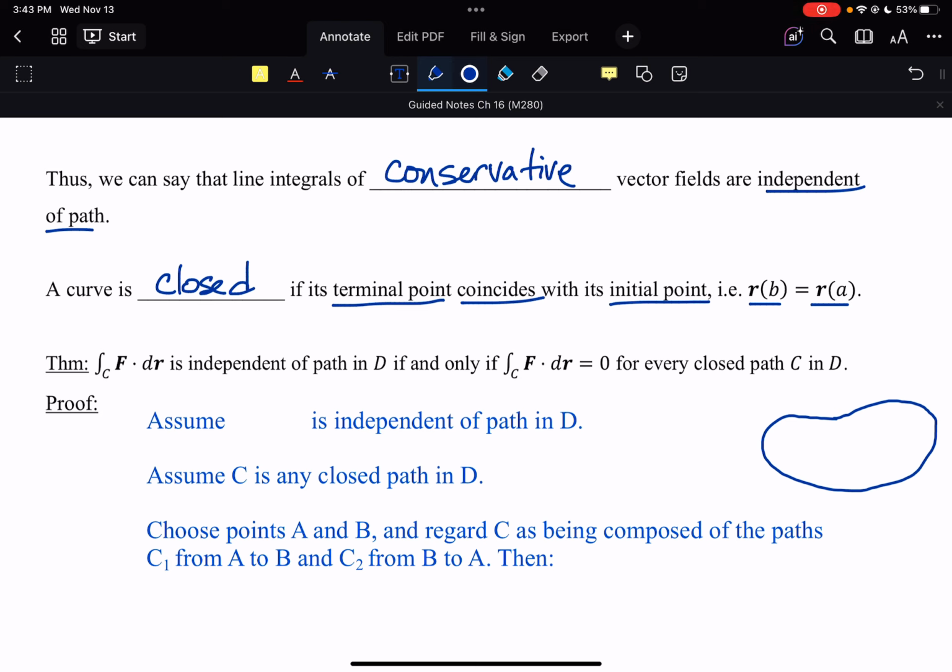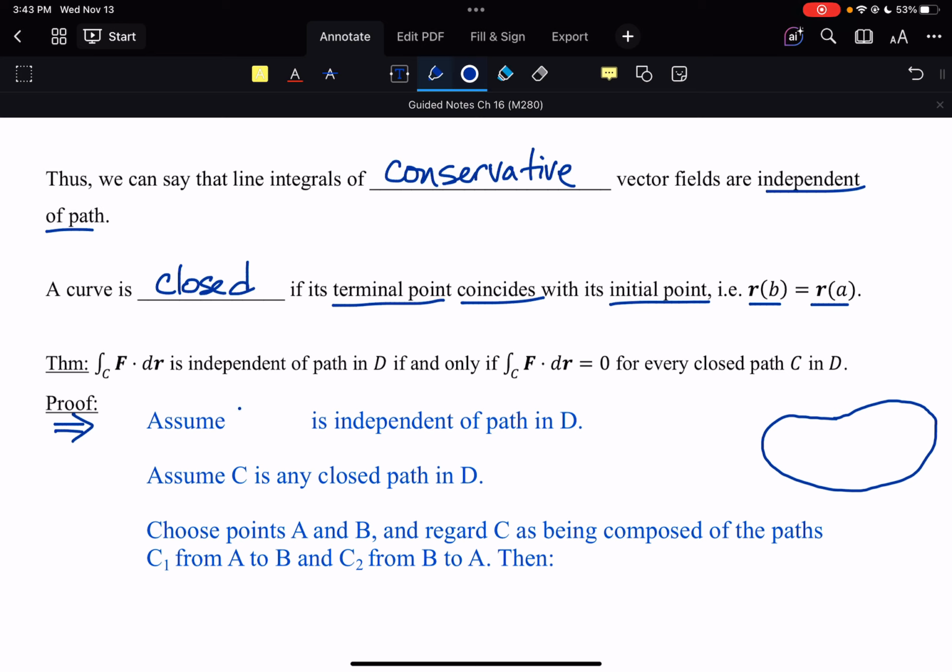The line integral over C of f dot dr is independent of path in D if and only if the line integral over C is equal to 0 for every closed path C in D. We're only going to prove the forward direction: if it's independent of path, then the line integral is 0. We can also prove that if the line integral is 0, then it's independent of path, but we're just going to prove the forward direction.